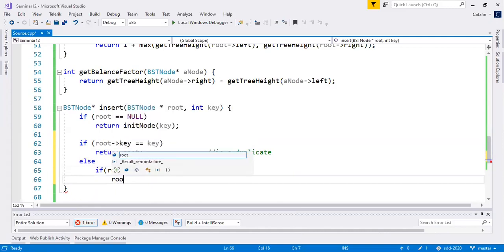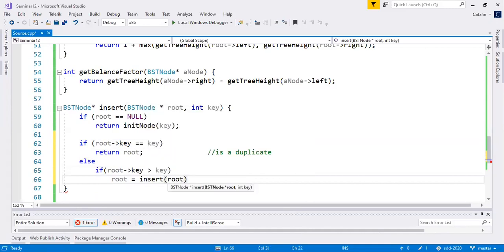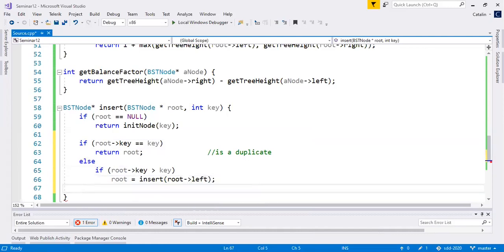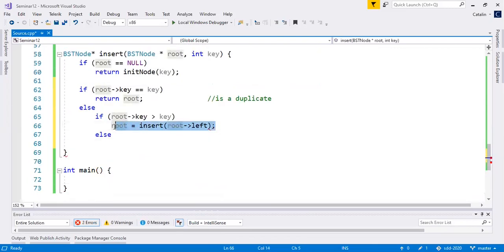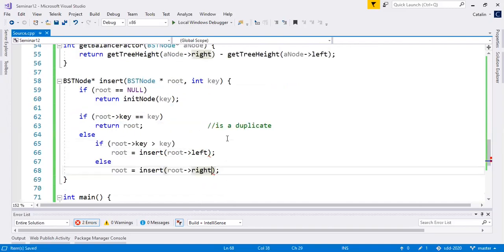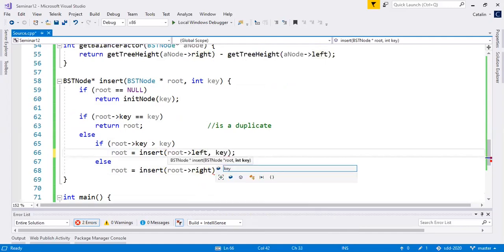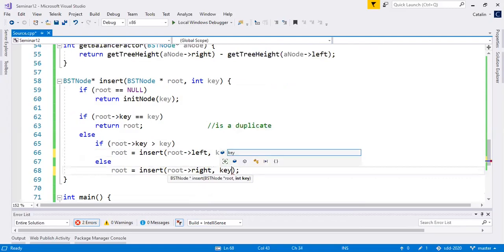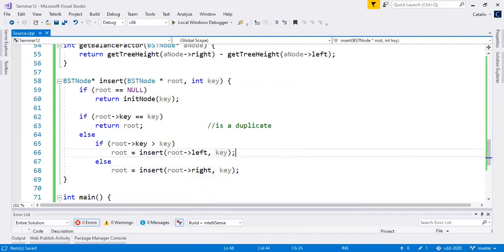Okay, so here you have root left equals insert of root left, and else is the same but insert of root right. And the key, each time the key, I forgot it. So this is actually the insert in a binary search tree.